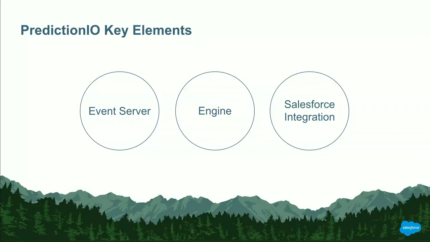The second part is the engine. That is basically where the logic, the algorithms, and all the machine learning are, and of course it interacts with the event server. The last part is what the user actually sees. That is the Salesforce integration, because the user will be using Salesforce, and will then interact with the engine to get the recommendation.